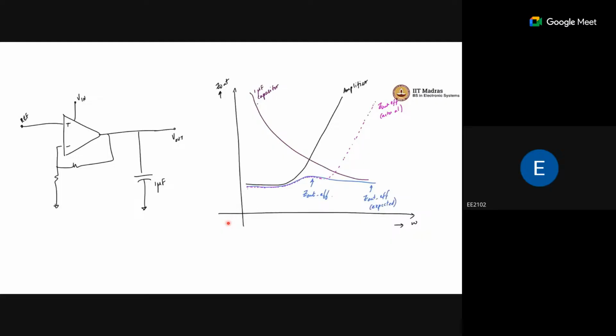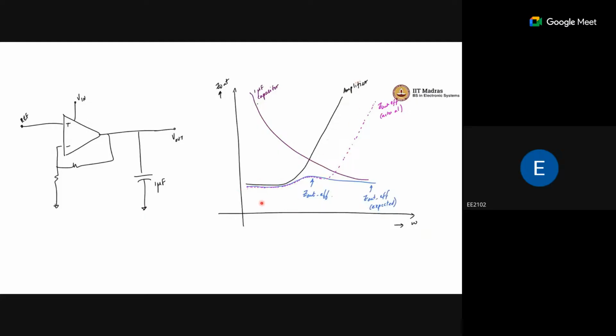Whenever we are dealing with this regulator, we should look into how it behaves when we connect the output capacitor. When a microfarad capacitor is used, your output impedance falls down like this, and your amplifier gain increases in this way.